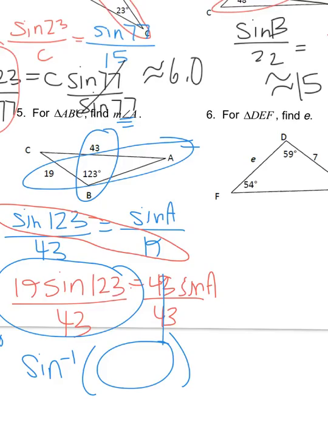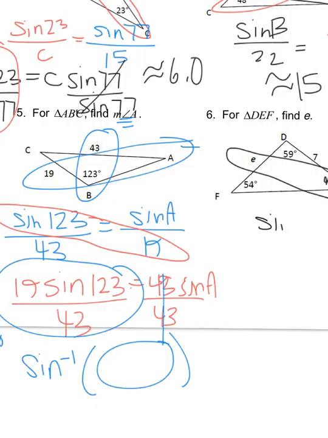And then number 6, find side E. So E matches up with angle E, but I don't have an angle. However, you can figure out this angle because you know the other 2 angles, you know these two. So this one has to be 67. So I'm going to write 67 right here.